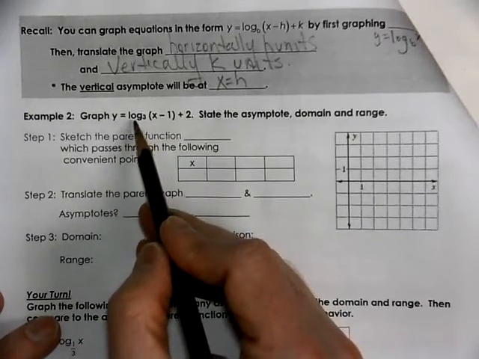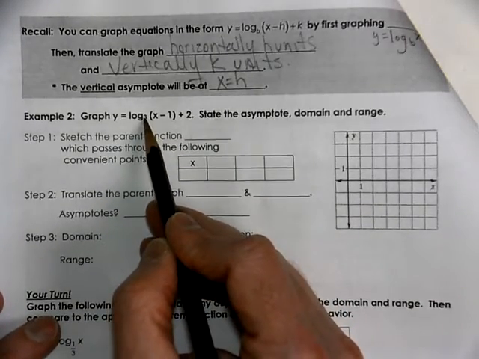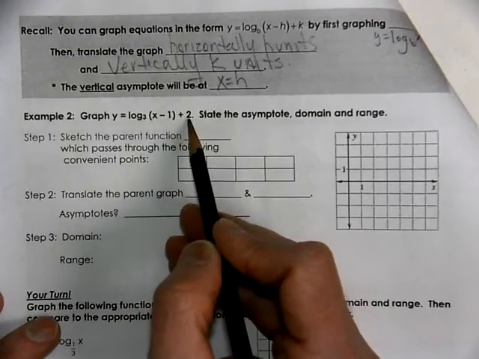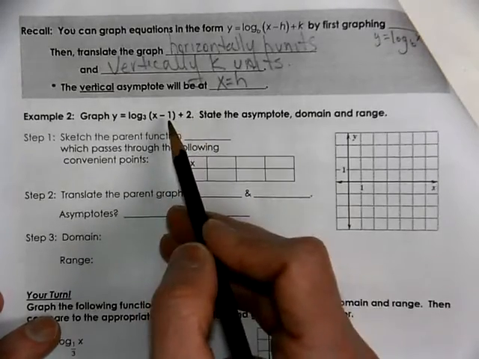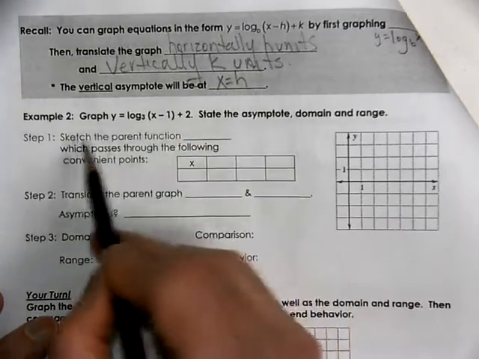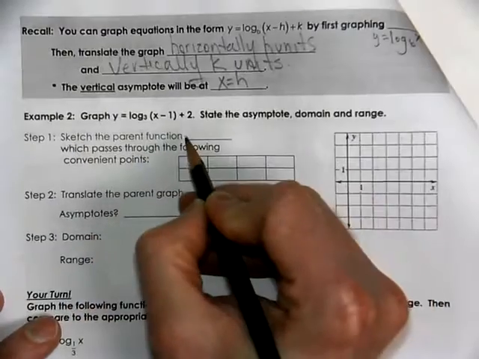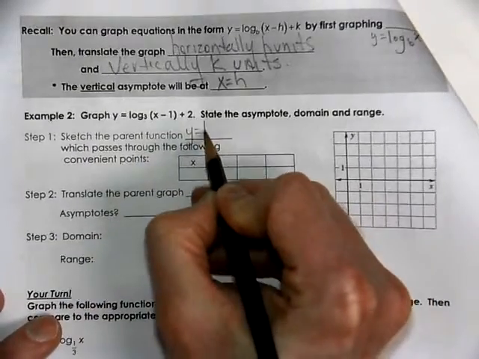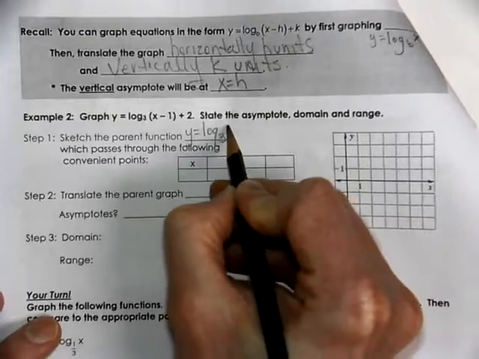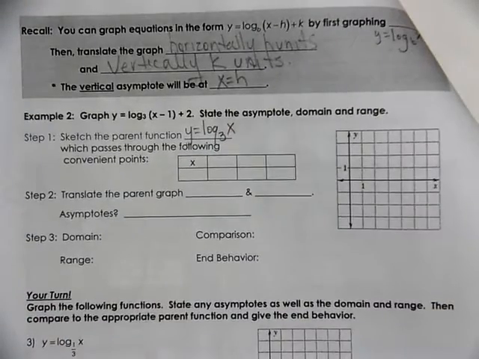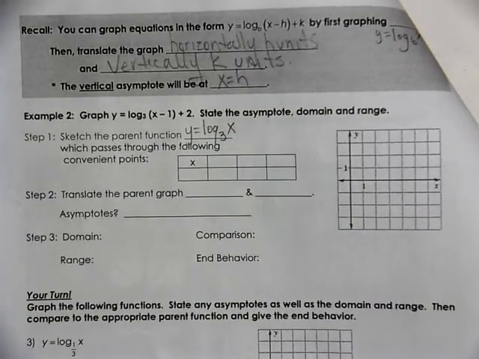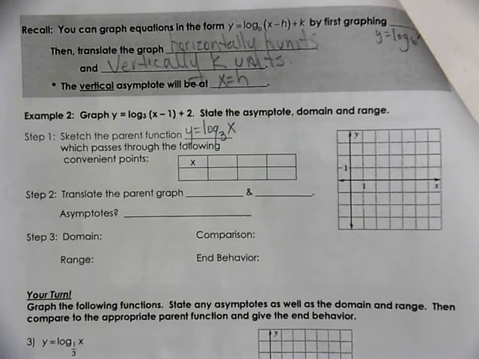So here we are with the logarithm base 3 of x minus 1 plus 2. This has a translation. We're going to sketch our graph first of y equals log base 3 of x. We're going to do the parent function first, so we're going to have two graphs on our paper.